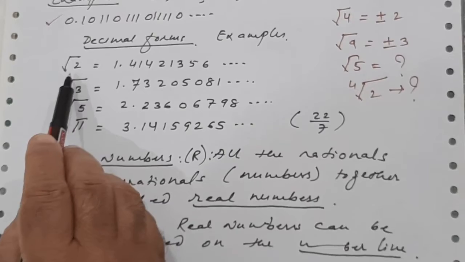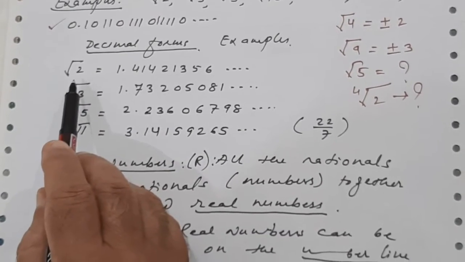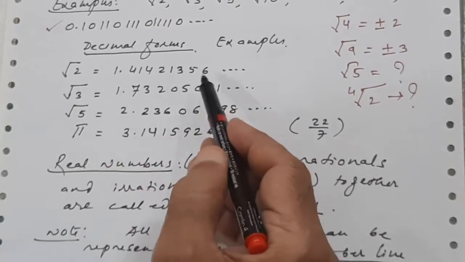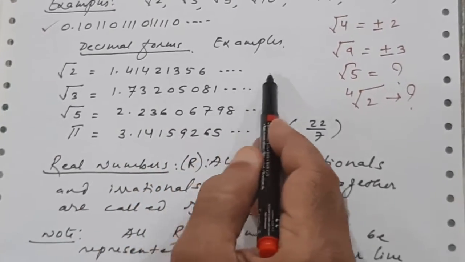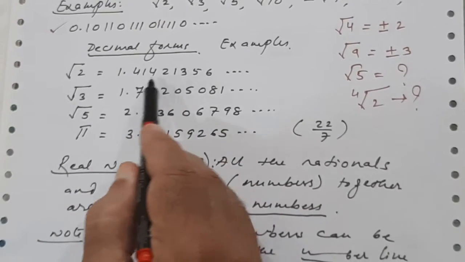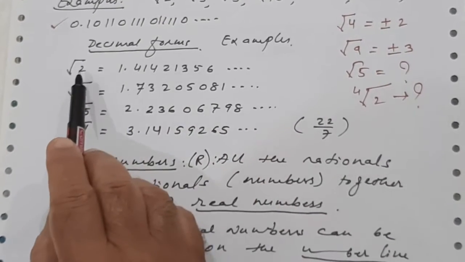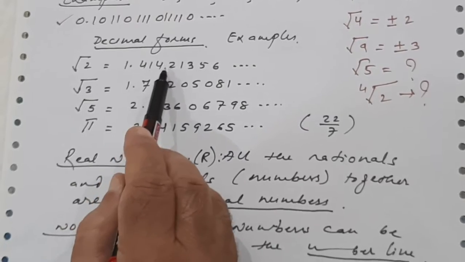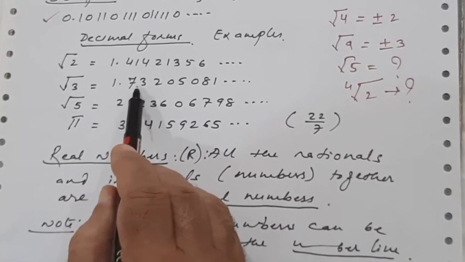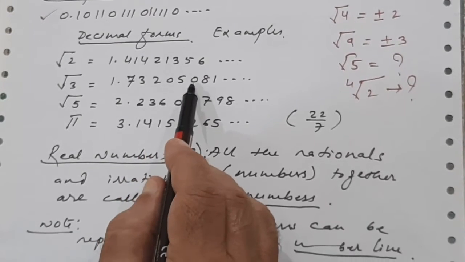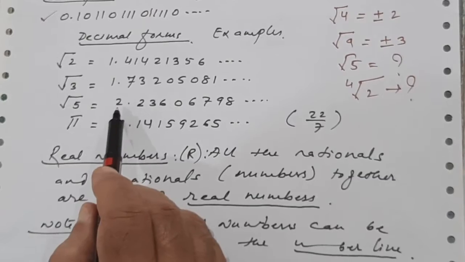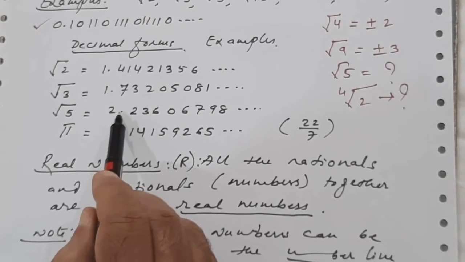So for root 2, if you go on a calculator or a computer, you can get many digits. It is a never-ending decimal form. So this form is non-terminating. Root 2 is equal to 1.4142136 and so on. Root 3 is 1.732002058081 and so on.